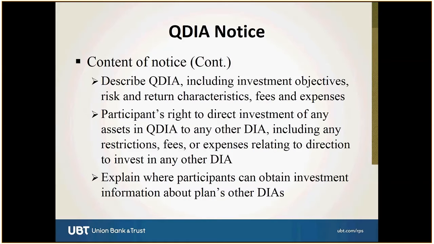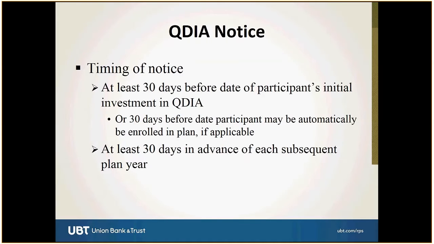And in the case of a non-electing participant, we need to provide information about the QDIA, investment objectives, risk and return characteristics, fees and expenses, and the right to direct those plan assets in something other than the QDIA into other plan designated investment alternatives, and explain where the participants can obtain additional information about those other DIAs.